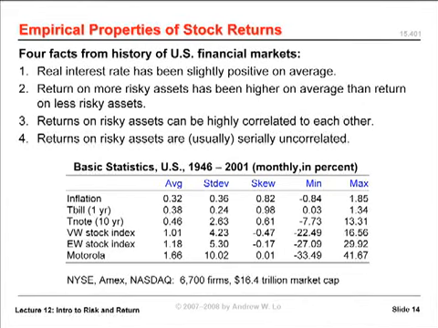So the first fact is that real rates have been slightly positive. You can see, for example, the average rate of return for the 1-year T-bill is about 38 basis points on a monthly basis. This is monthly. I haven't annualized it. But inflation over that same period is about 32 basis points. So when you subtract the two, you get 6 basis points on a monthly basis as the real rate of interest.